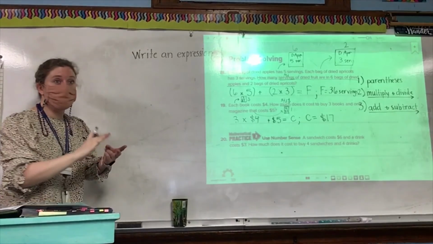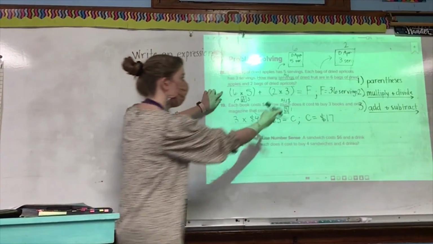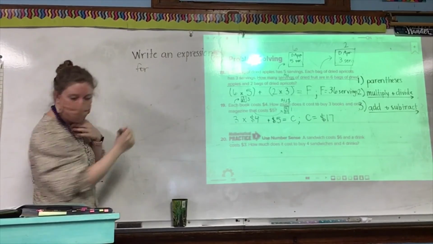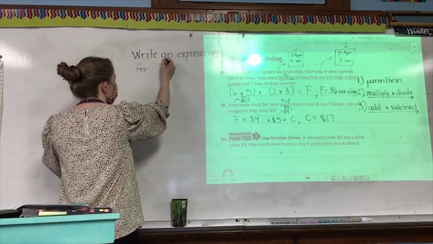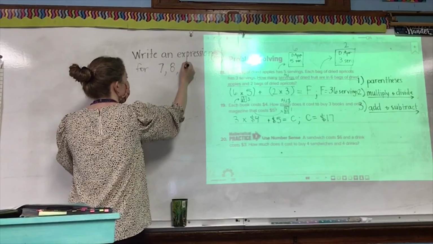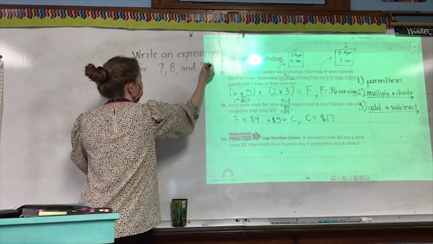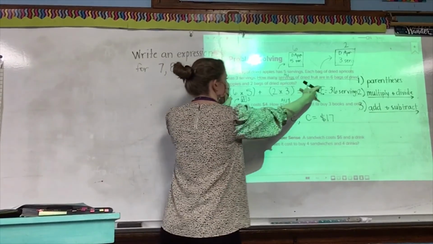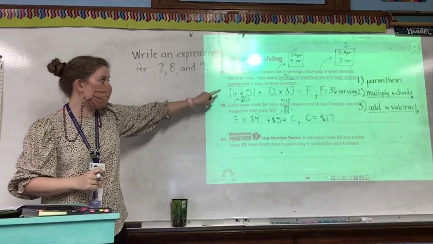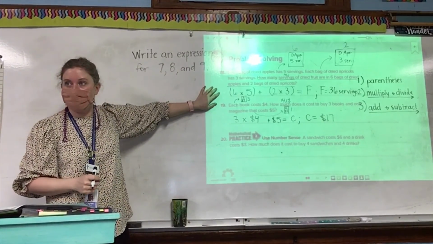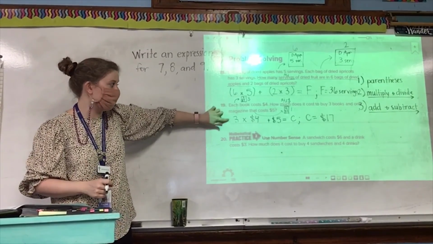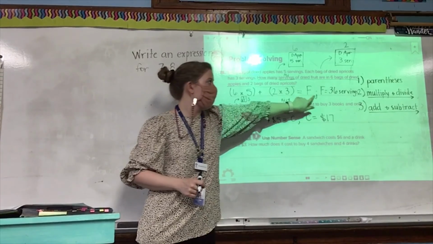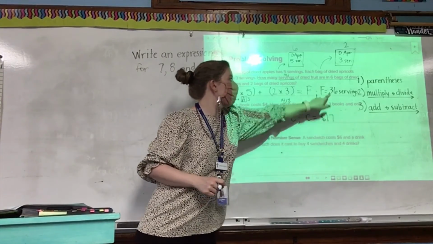That means variables, numbers, like this, for 7, 8, and 9. This is the expression. So, for both the independent practice and the homework, word problems should look like these, where you have the expression with a variable, and then what the variable equals with the unit.